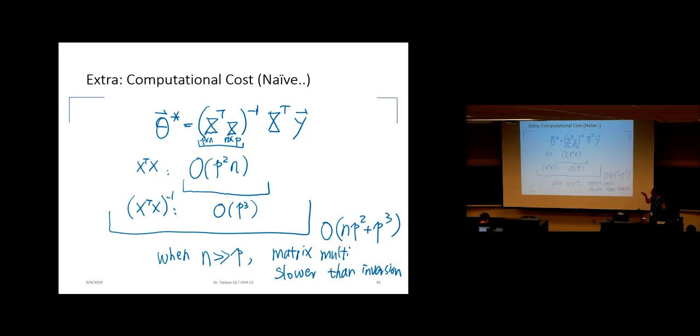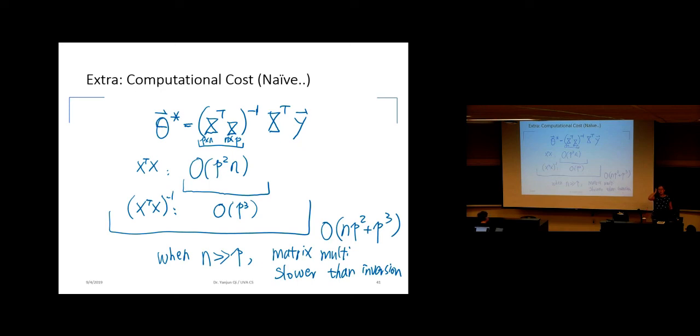What's the time cost of X transpose X? This is a matrix times matrix operation, and X is n times p, so the result is a p times p matrix.